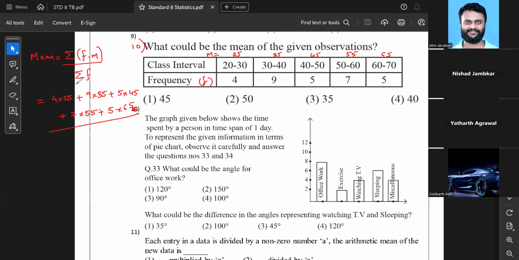Divided by the sum of all the frequencies: 4 plus 9 plus 5 plus 7 plus 5. So this is your formula.